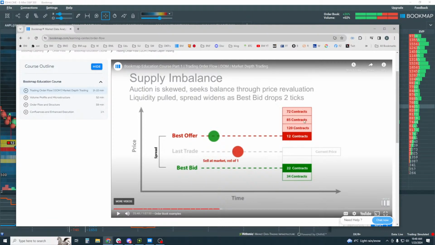We assume it is, but this skew in the order book can make price move to the downside. So what I'm trying to get at here is, in these market mechanics, understanding if it's working like a magnet or not. One thing is certain: for every buyer, there needs to be a seller.